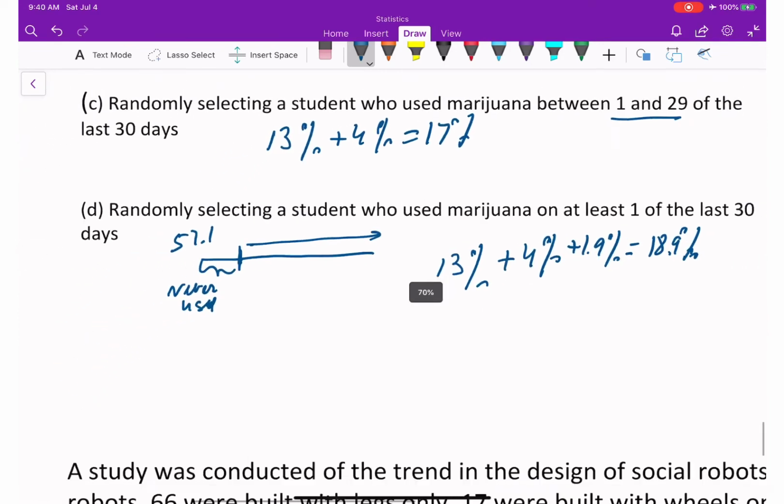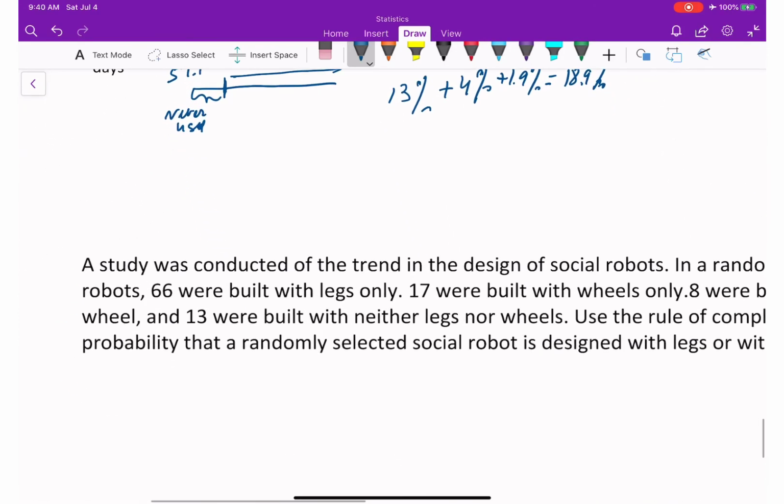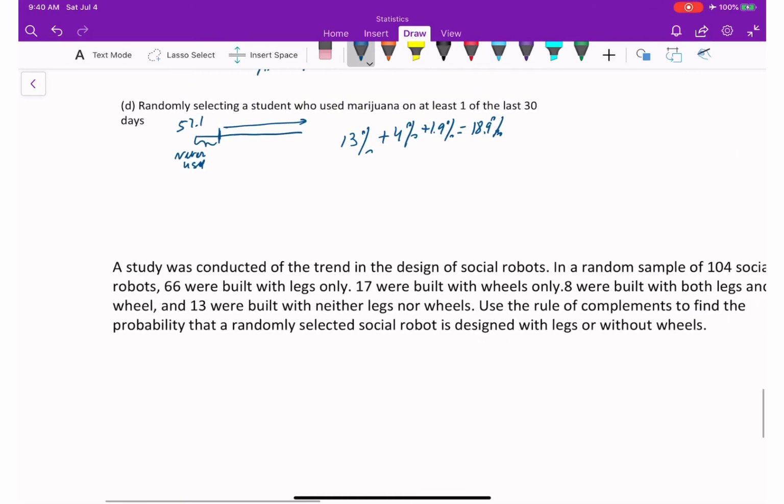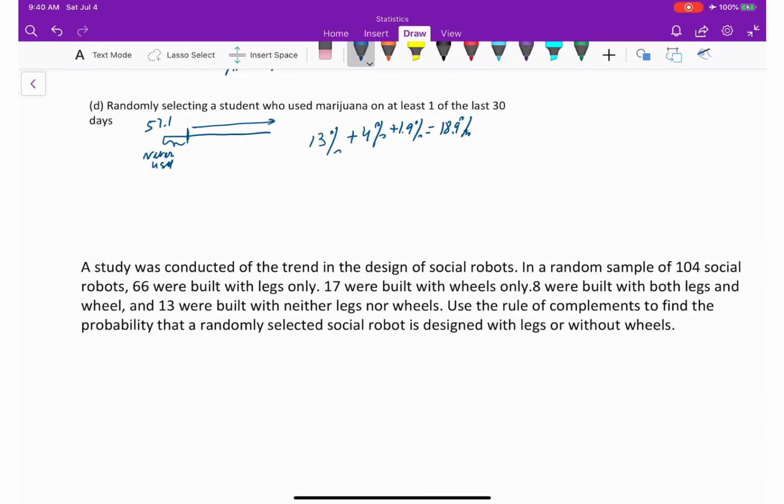All right. Next question. A study was conducted of the trend in the design of social robots. In a random sample of 104 social robots, 66 were built with legs only, 17 were built with wheels only.